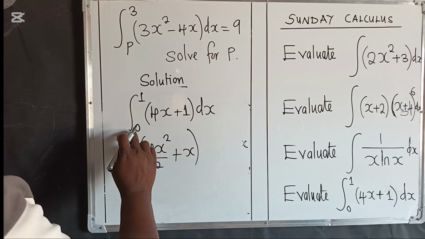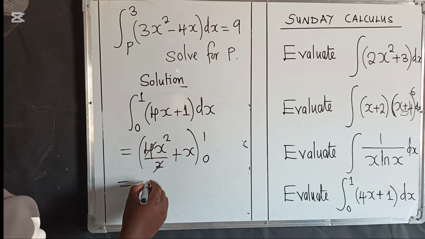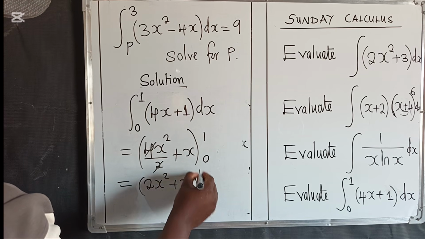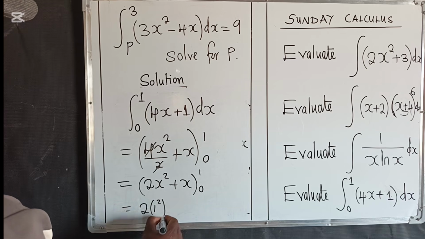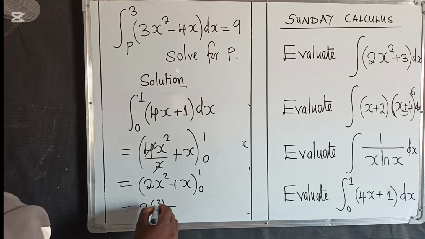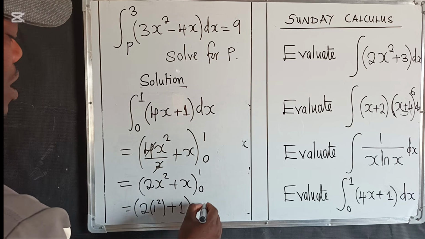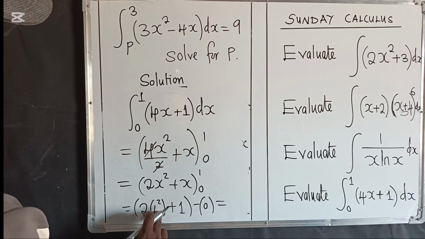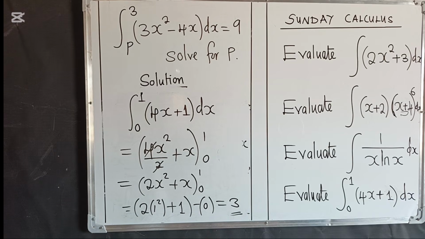And let's not forget the limits. So this and this will go. We shall remain with 2x^2 plus x. When we substitute the limits here, this will simply be equal to 2 times 1^2 plus 1, minus, when we substitute 0 here, it will just be 0 throughout, of which this will give us 2 plus 1, which is equal to 3.